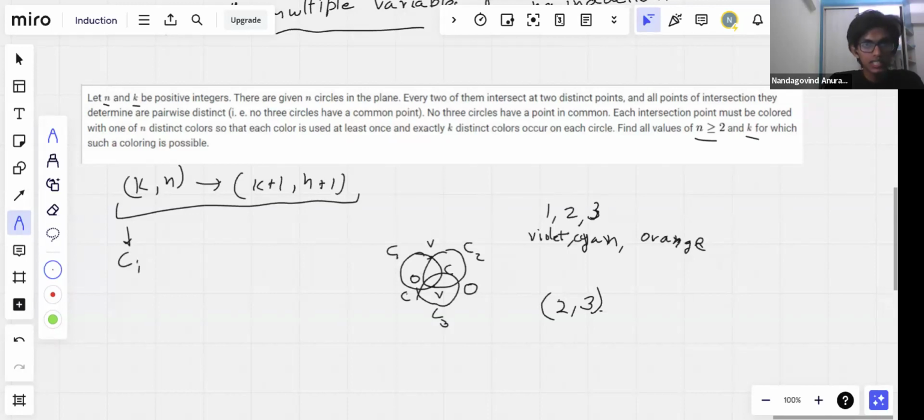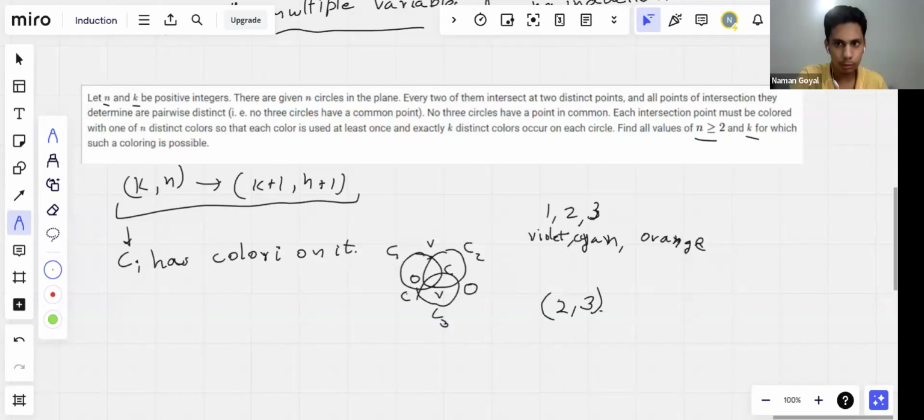You have that Ci has color i on it. So your circles are C1 to Cn, and your colors are 1 to n.